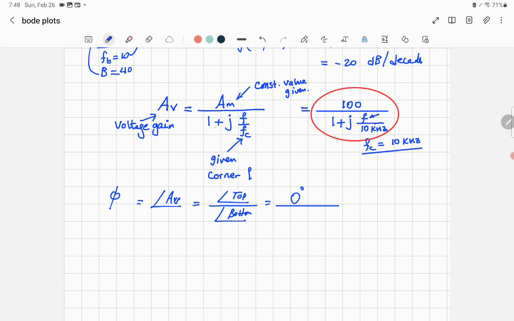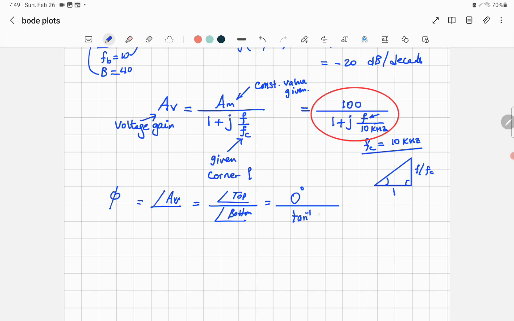The angle on the bottom, you get it by the tan. So in the bottom will be tan minus 1, the imaginary over the real. So if you draw a triangle like that, the imaginary part is equal to f over fc, and the real part is 1, and this is the angle phi.